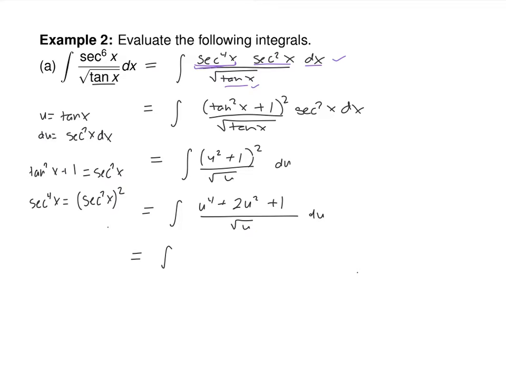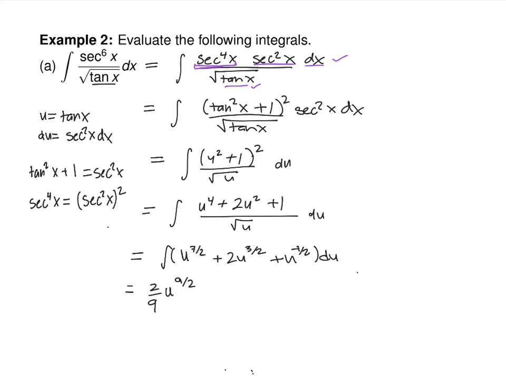So u to the 4th over root u, those exponents will subtract. We'll get u to the 7 halves plus 2u to the 3 halves plus u to the negative 1 half. And now anti-differentiate. We'll have u to the 9 halves times 2 ninths plus 2 times u to the 5 halves times 2 fifths plus 2u to the 1 half plus c.